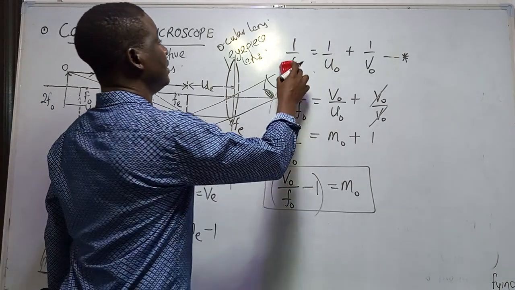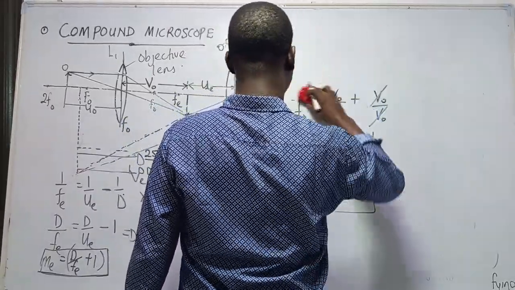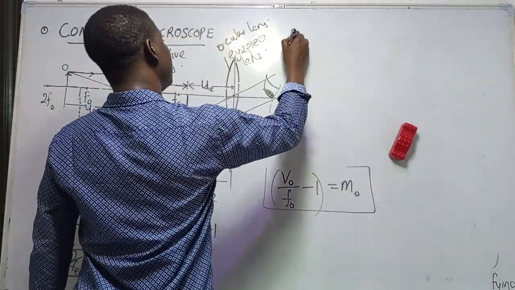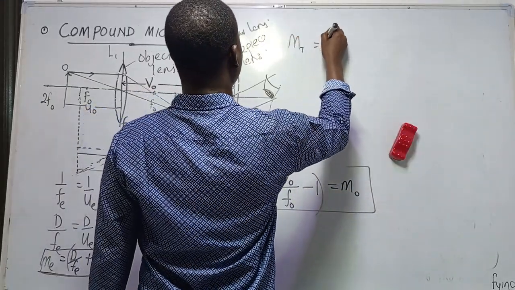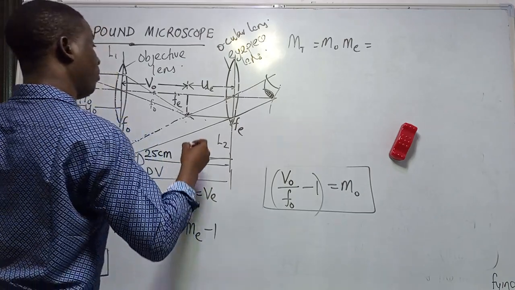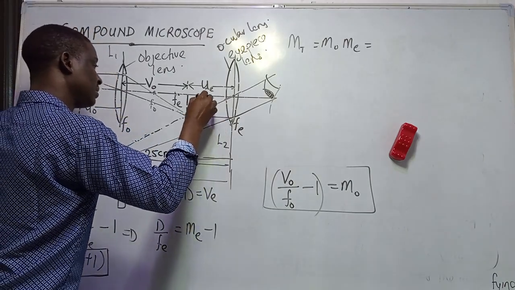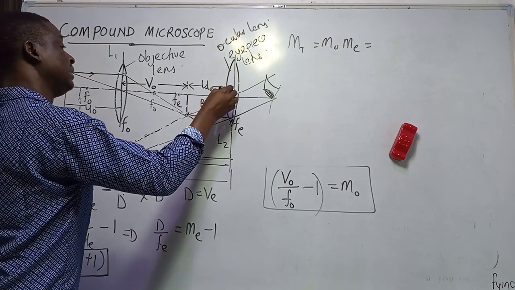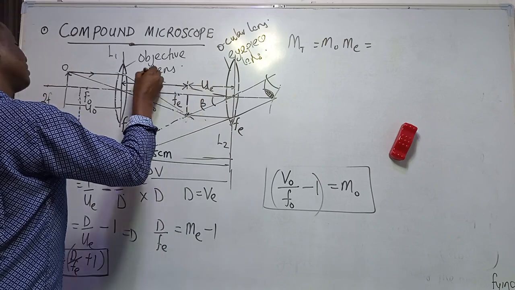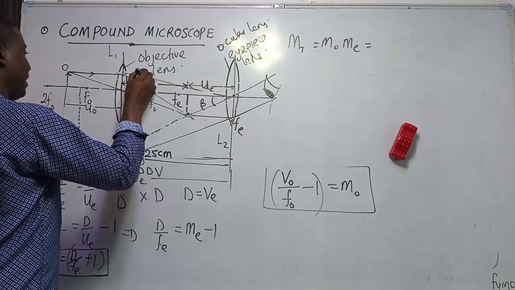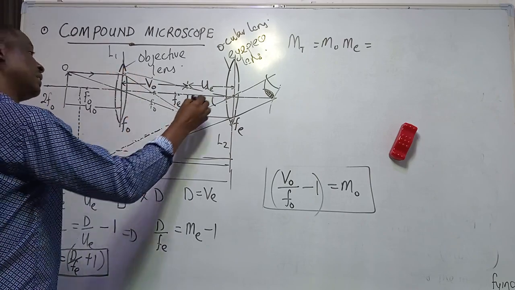Now what I want to do is combine the two of them together. The magnification of a compound microscope, the total magnification, is equal to M naught times Me. You can still use this formula: this is the angle subtended by the final image, beta, and this is the angle subtended by the object, alpha.